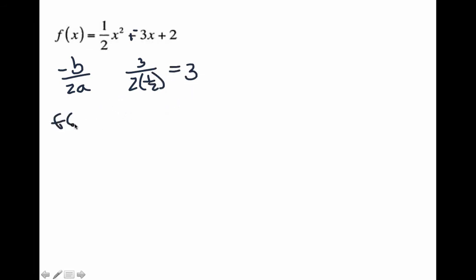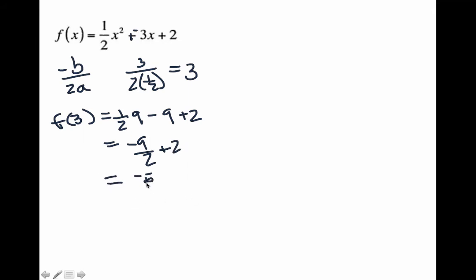Now we find f of 3. That is 1/2 times 9 minus 9 plus 2. 1/2 times 9 is 9/2. 9/2 minus 9 is negative 9/2. Add 2. And then that is equal to negative 5/2 because 2 is 4/2. Good? So now I know the vertex.